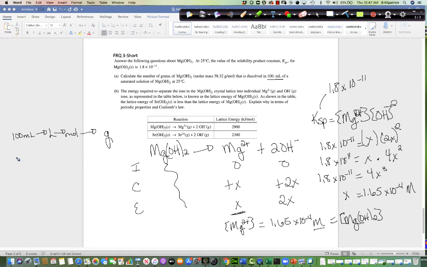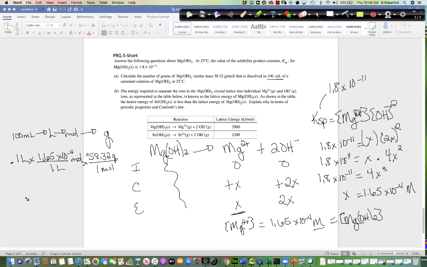My 100 milliliters is really just 0.1 liters. Convert that to moles using your molarity: you have 1.65 times 10 to the negative 4th moles for every 1 liter, and then go to grams. It tells you the molar mass here. It's 58.32 grams.